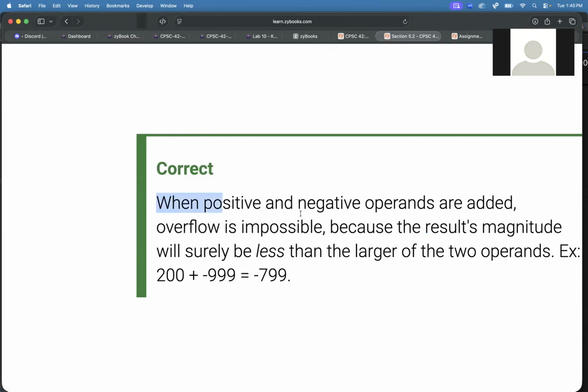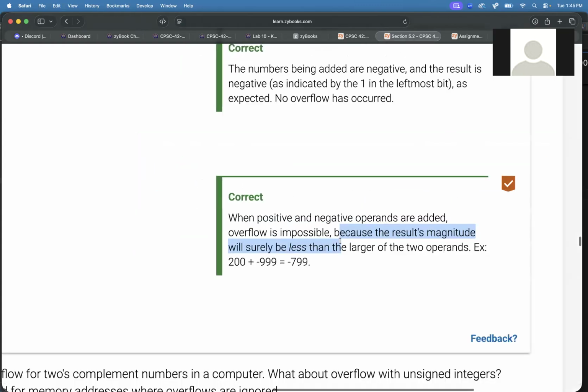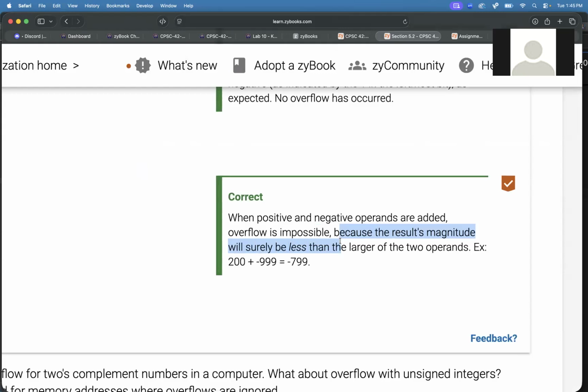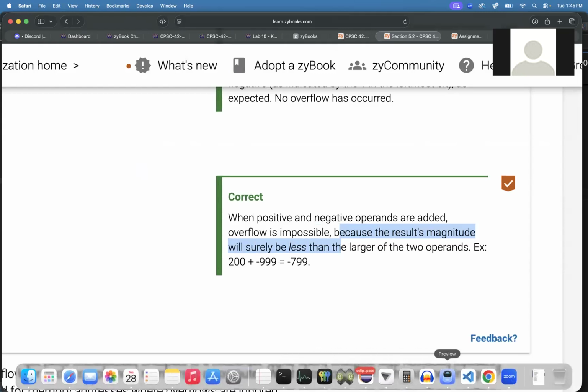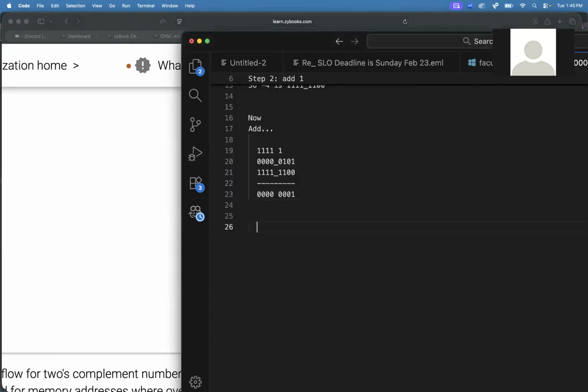You can't overflow when you add a positive and a negative. If you think about it, let's say positive 500 and you add it to negative 200, right?